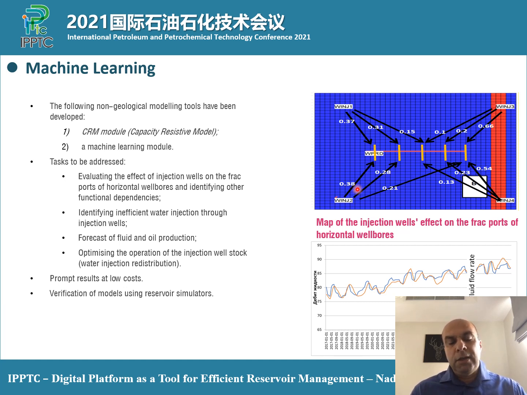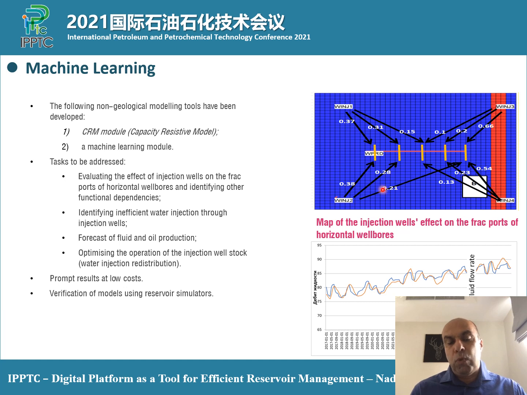What can we do with this data? Obviously, we can evaluate the water flooding efficiency. With history matching, we can forecast fluid and oil production, and based on that, we can start optimizing the operation of those injectors.